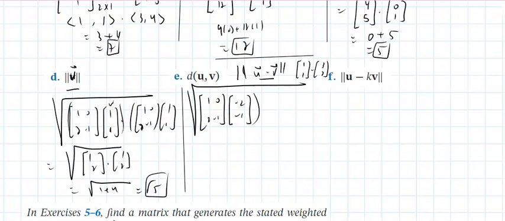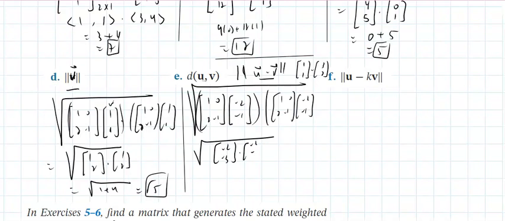And we're going to dot that with itself, using the matrix 1, 0, 2, negative 1: 1, 0, 2, negative 1, dotted with negative 2, negative 1. And that's going to be the square root of, let's see what that is. That is negative 2, negative 3, dotted with negative 2, negative 3. And that is 4 plus 9, which is radical 13.